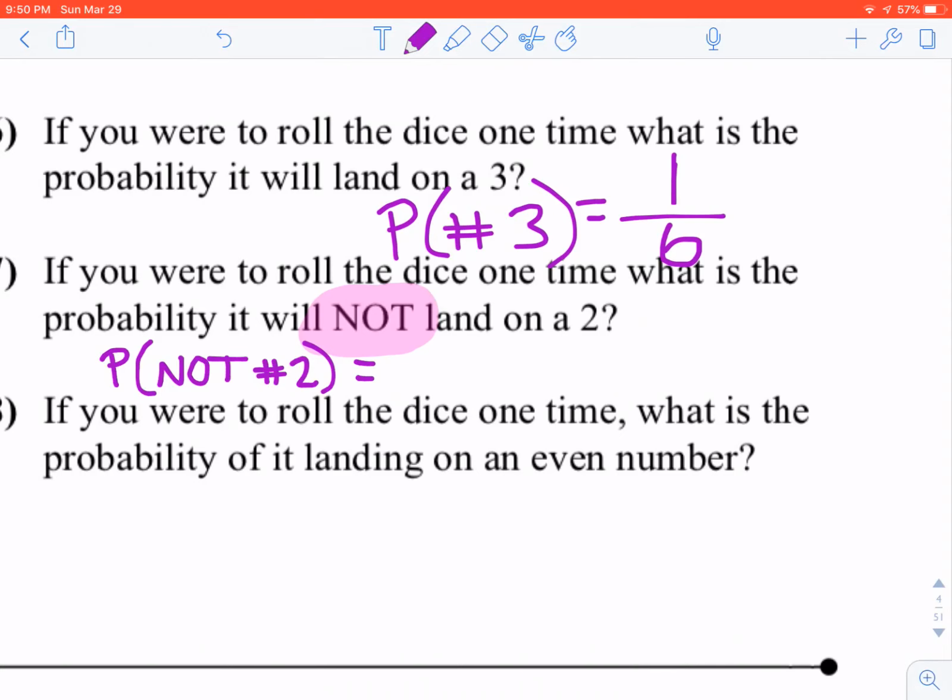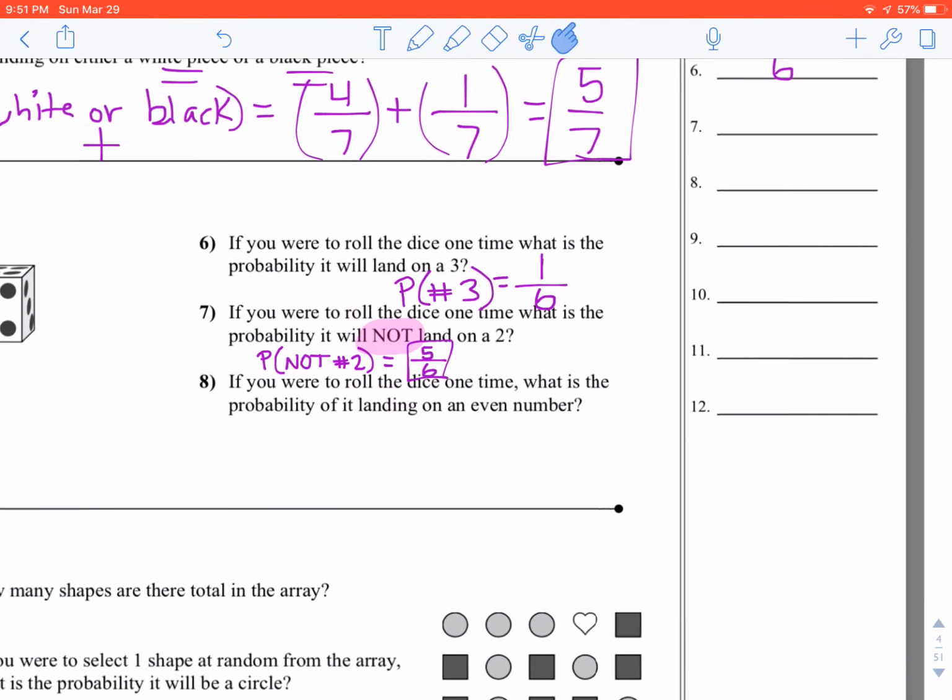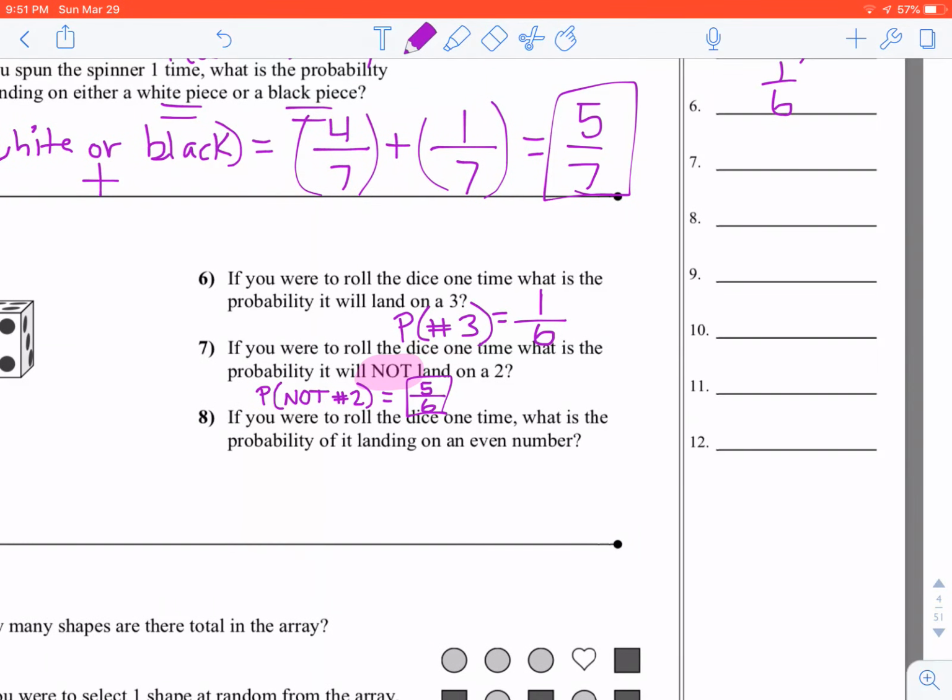So you're just going to ask how many numbers on that die are not 2s. There are 5 numbers that are not 2s, but there's still a total of 6 numbers on that dice. So the answer for 7 is 5 over 6, because there's 5 numbers that are not 2s, but there's a total of 6.